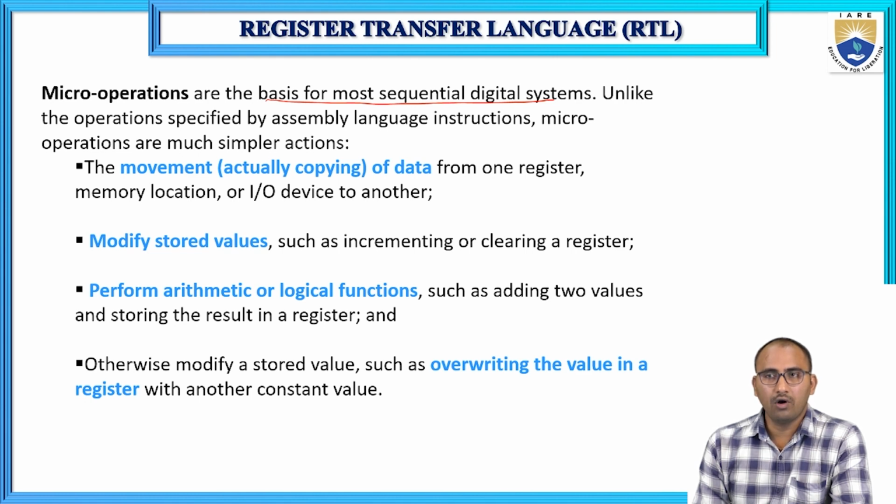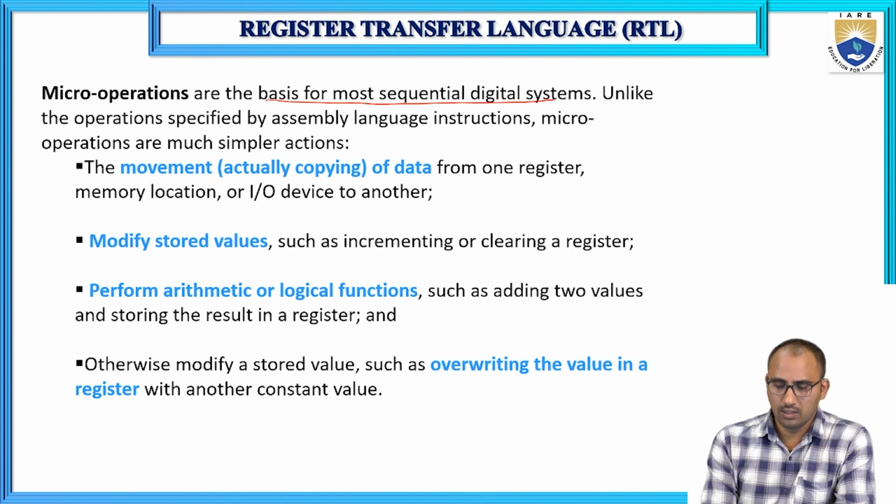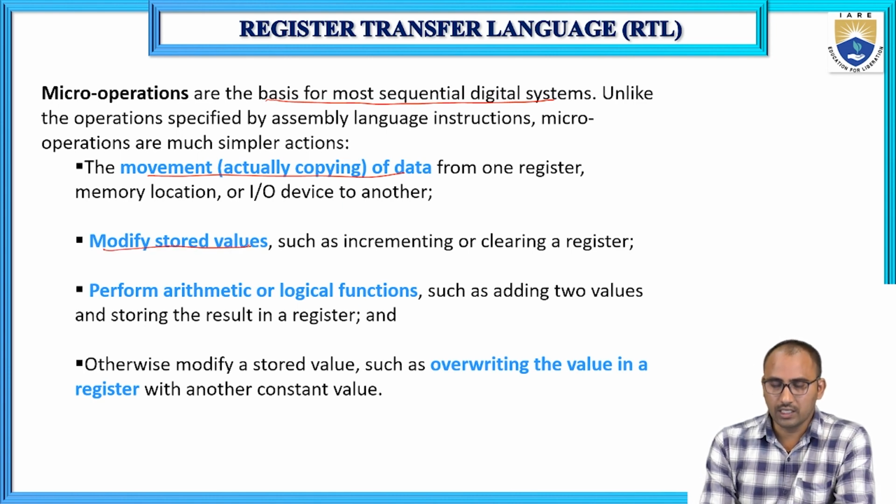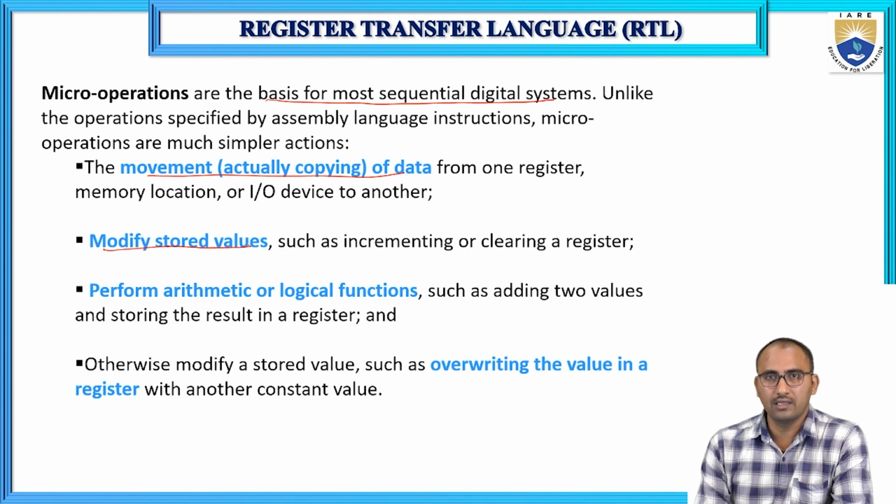The micro operations include the movement of data from one place to another place, modifying the stored values in a register, performing arithmetic and logic functions, and finally overwriting a value in a register. So these are all the different micro operations.